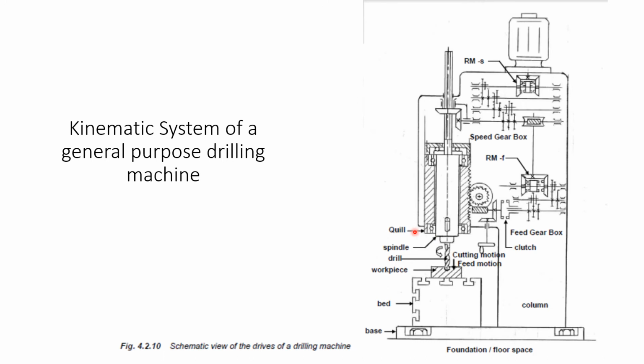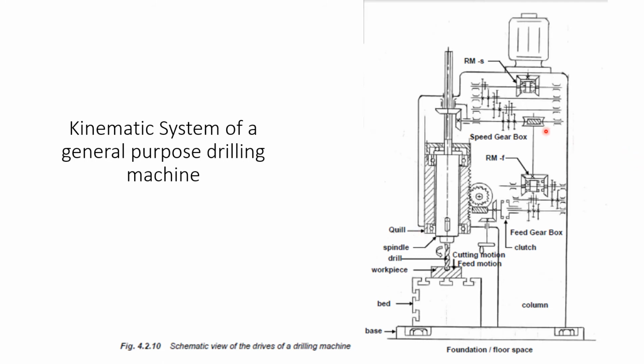In a drilling machine, generally both the cutting motion and the feed motion are imparted to the drill. Like cutting velocity or speed, the feed rate also needs varying depending upon the tool work material and other conditions of requirement. The figure visualizes that the drill receives its feed motion from the output shaft of the speed gearbox through the feed gearbox.